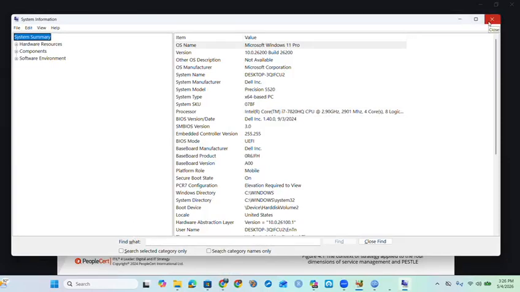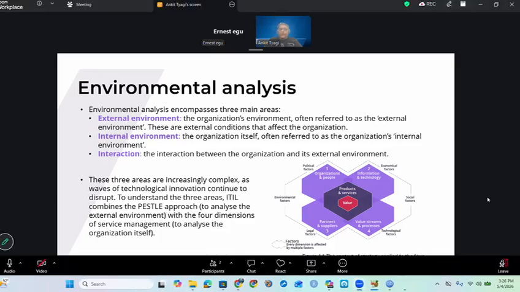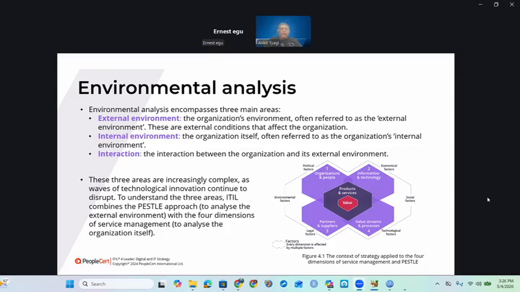They say these 3 areas are increasingly complex, so the waves of technological innovation continue to disrupt. To understand the 3 areas, ITIL combines the PESTLE approach to analyze the external environment with the 4 dimensions of service management to analyze the organization itself. Of course, we combine both the PESTLE approach with the 4 dimensions in order to identify how the interaction works.